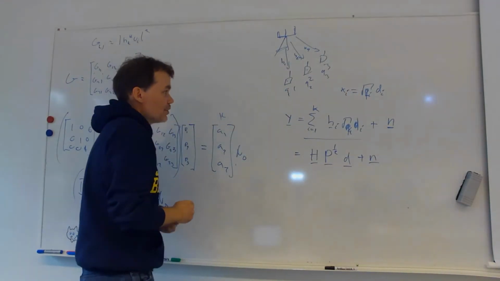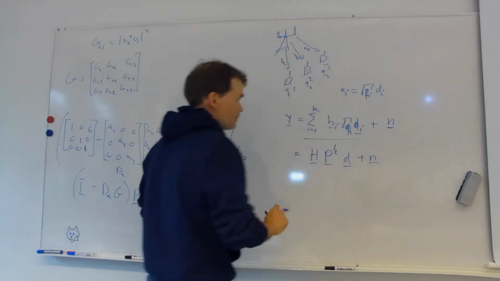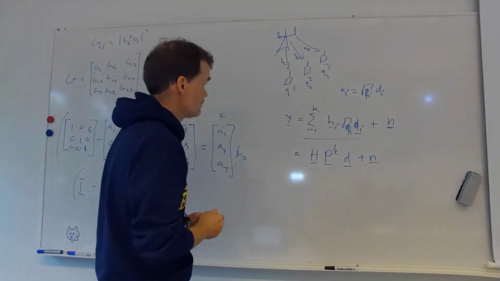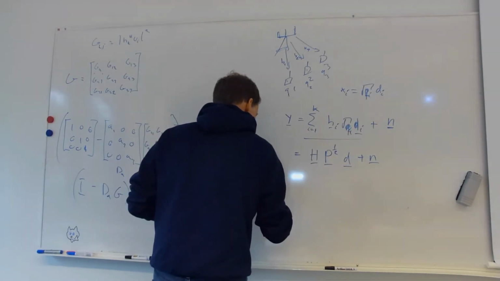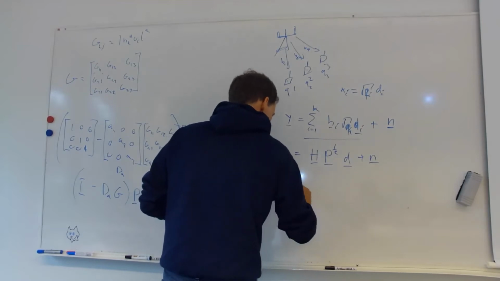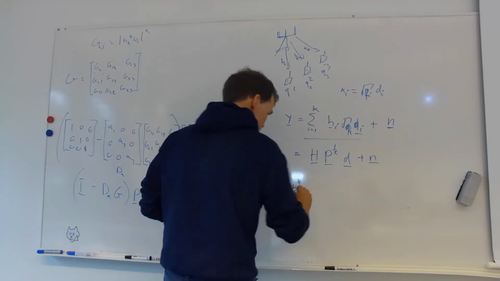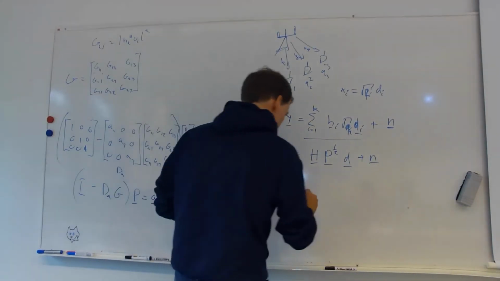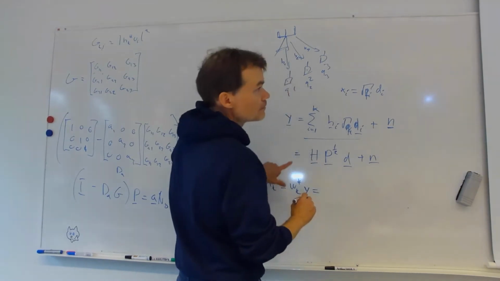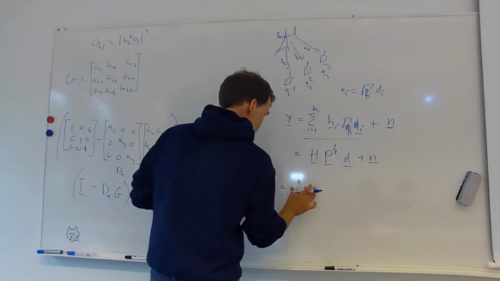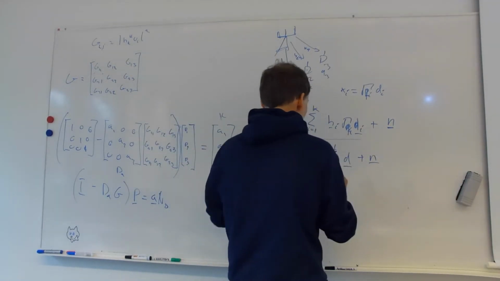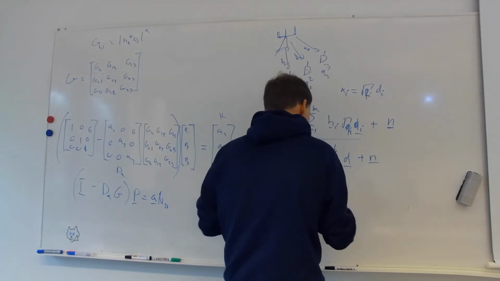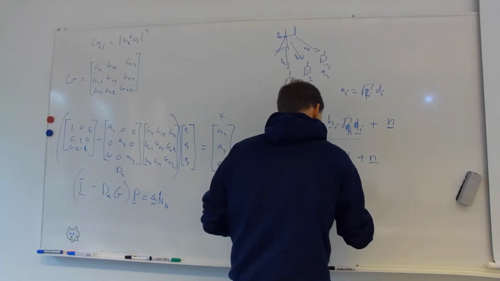Now we would like to detect one of those symbols, the symbol of user K. So we can write that this is an estimate, the output of the beamformer optimized for user K. We can pick the K-th user, we have UK and HK.